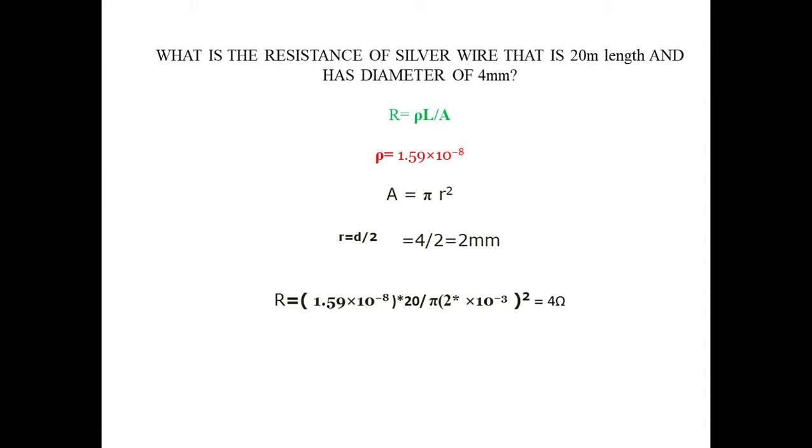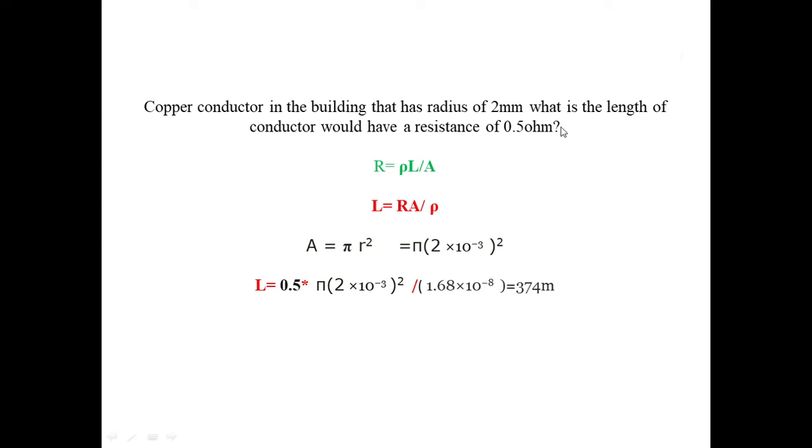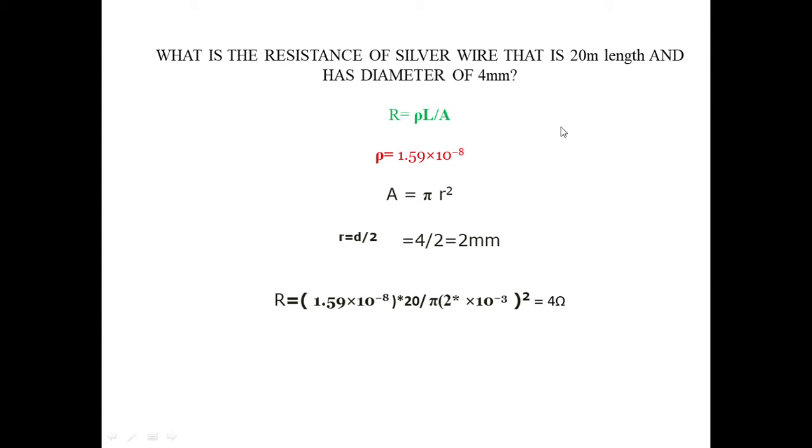What is the resistance of a silver wire that is 20 meters in length and has a diameter of 4 millimeter? From our rule, R is equal to rho times L divided by A, and the resistivity of silver is equal to 1.59 times 10 to the minus 8.